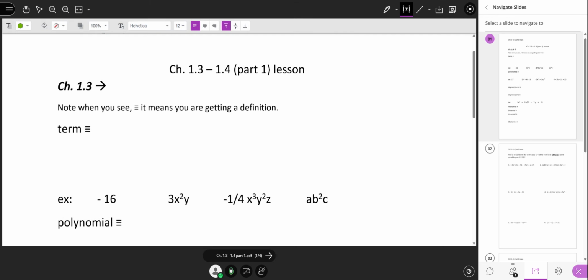So, a term is the combination of numbers and/or letters with exponents.